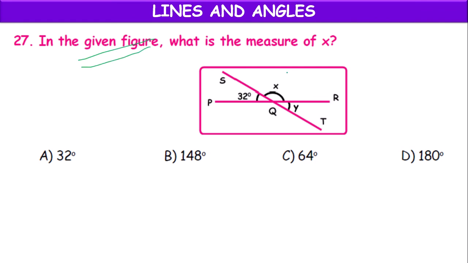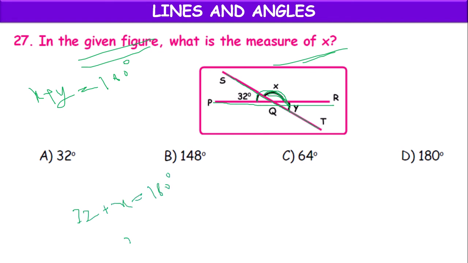In the given figure, what is the measure of X? Actually this is a straight angle, children. SQT is a straight line, so X plus Y equals 180 degrees, that is one condition. PQR is also another straight line, so 32 plus X equals 180 degrees. Then X equals 180 degrees minus 32, which is 148 degrees.